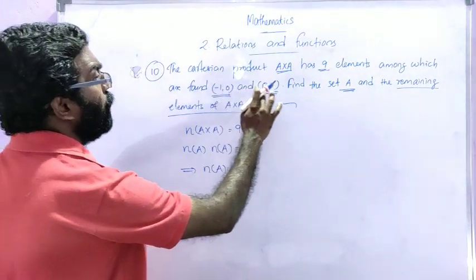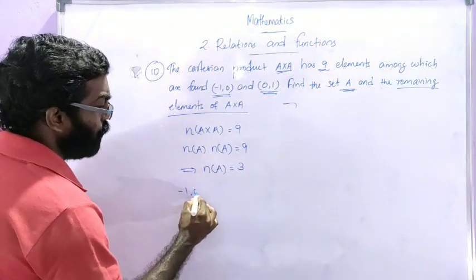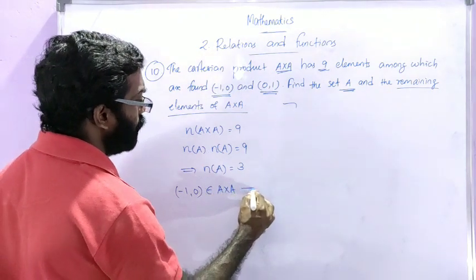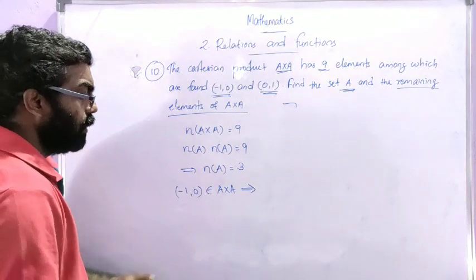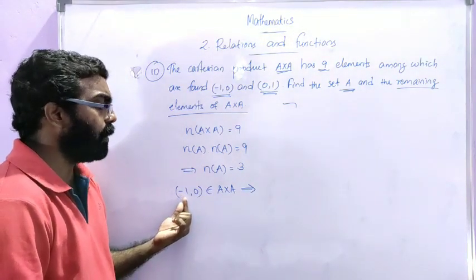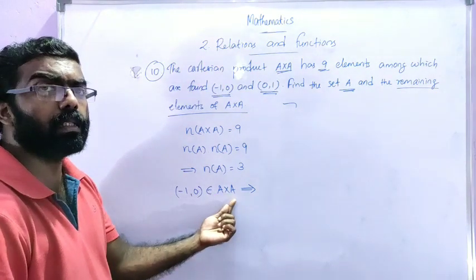And (-1, 0) and (0, 1) belong to A cross A. So (-1, 0) belongs to A cross A implies, by ordered pair we mean the first component belongs to the first set and the second component belongs to the second set.